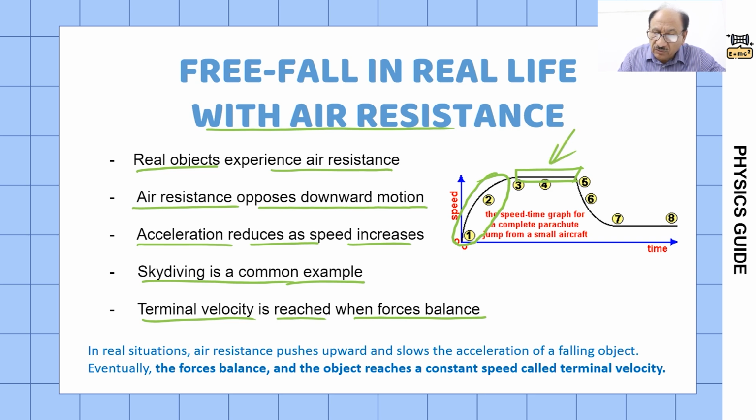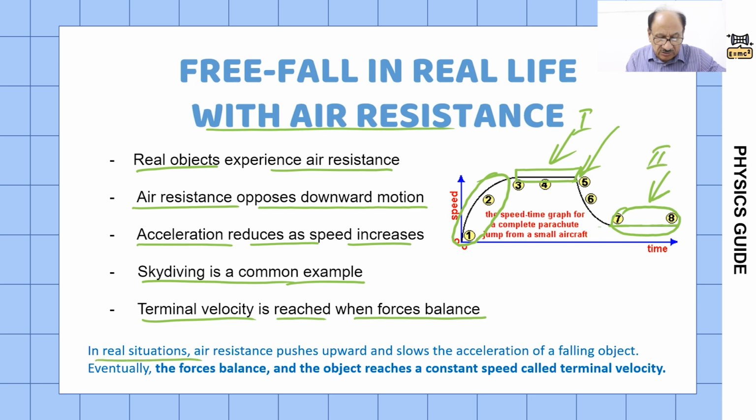And at this point on 5, the paratrooper is opening his parachute, and suddenly the speed decreases and it reaches a new level. 7 to 8 is basically the new terminal velocity. So the first terminal velocity is this one, and the second terminal velocity is this one.